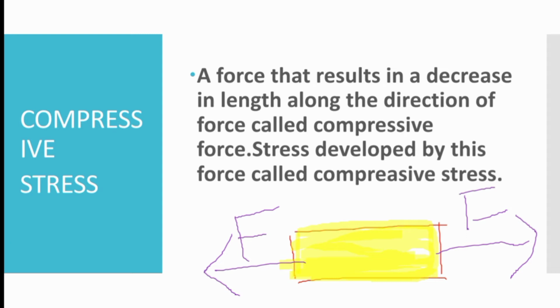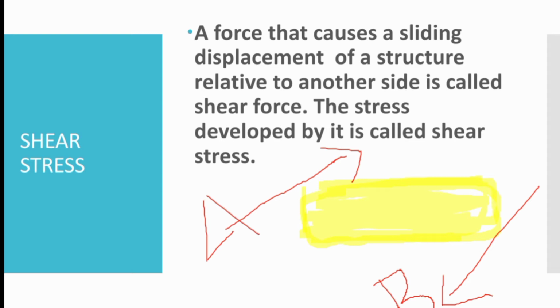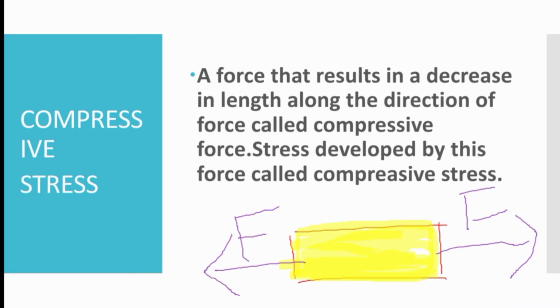Suppose this is a table and two sets of forces are applied to this table such that the forces tend to compress the table. So the stress developed here to compress the table is called compressive stress. To summarize, the compressive stress is the stress which is developed by two sets of forces which are directed towards each other in the same line.